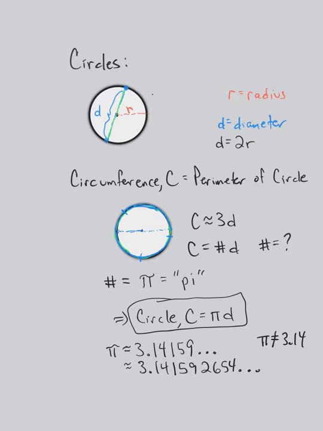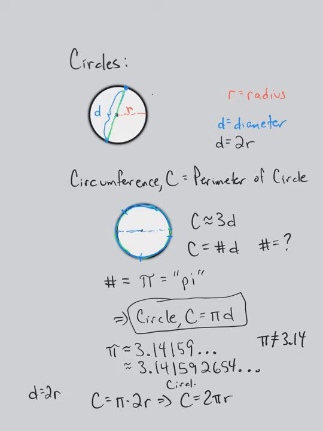Okay, now also remember, since the diameter is equal to 2 times the radius, some people use this formula. They would say pi times 2 times the radius. But typically, whenever there's a whole number in an algebraic expression, we'll write that out front. And so C is equal to 2 pi r is the way they'll write it.